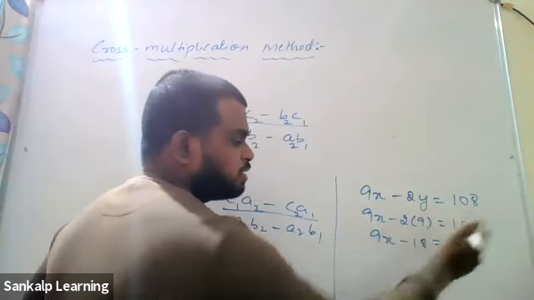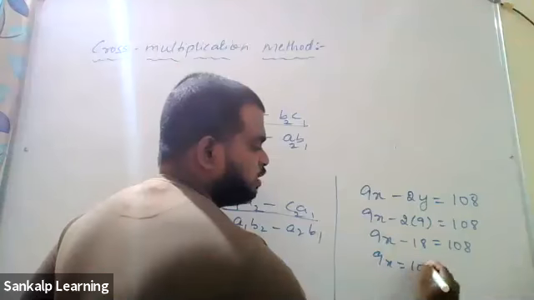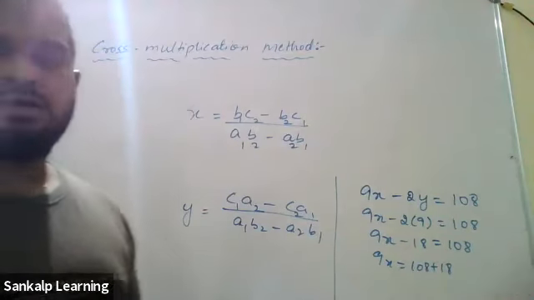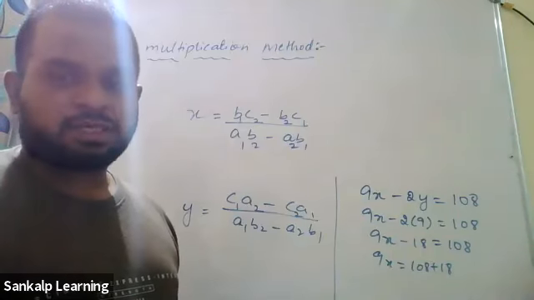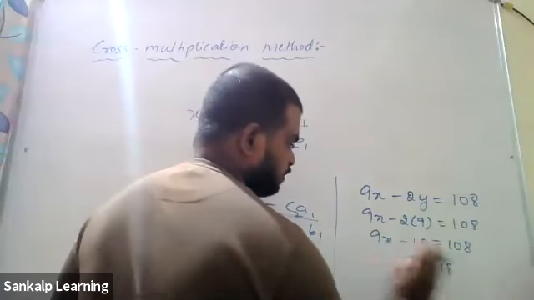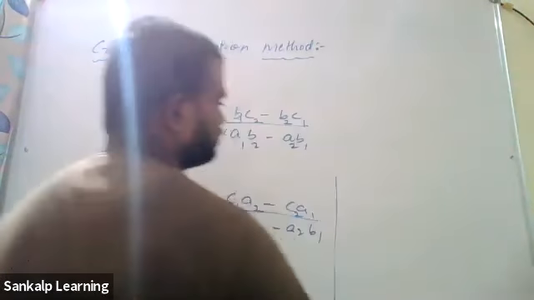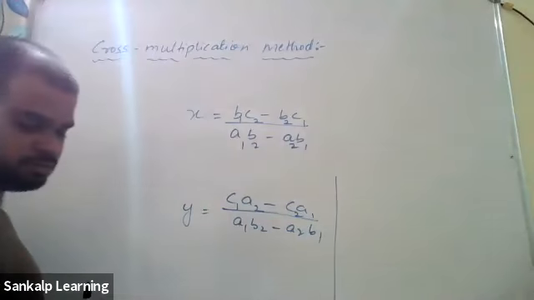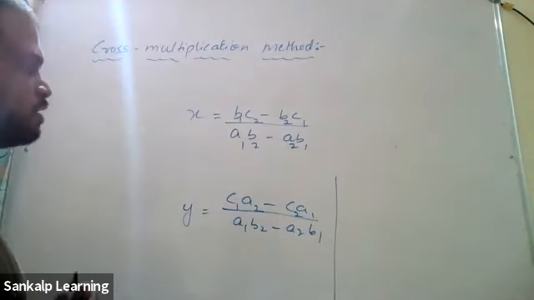So minus 18 becomes plus 18. I remember I told it as plus 18 itself, not minus 18. Just check it out. This is the way I did it, and I told the answer also as 14. Anyhow, that's okay. Now you got 14, right? Well and good. Take down this formula.